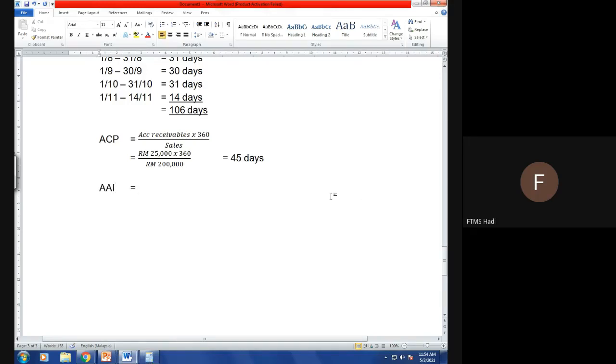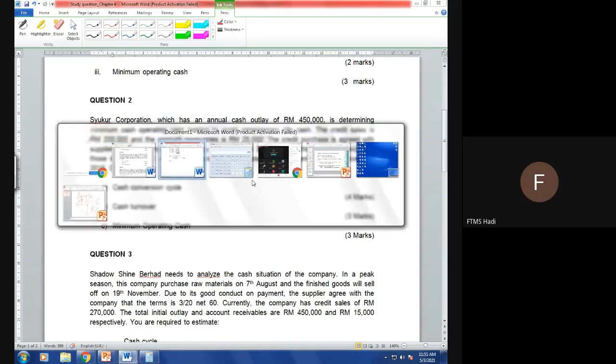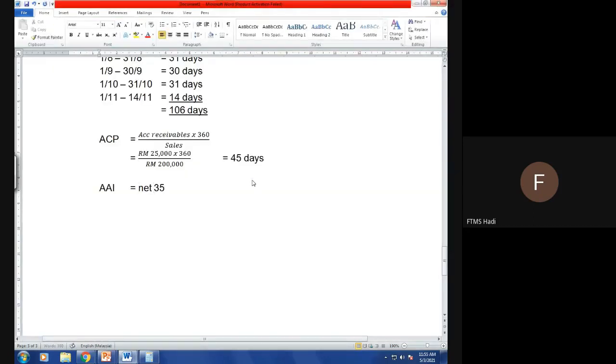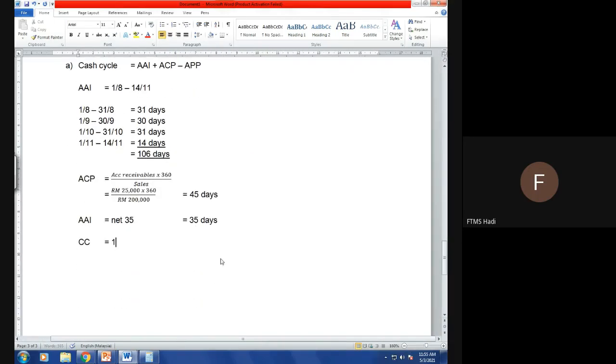The last one, APP. You see here, pay based on net 35. That means net 35, which is equal to 35 days, nothing else. So based on this, your CC will be AAI 106 days plus ACP 45 days minus APP 35 days.